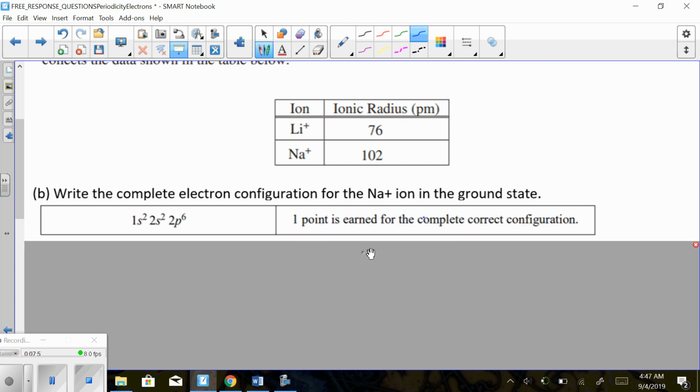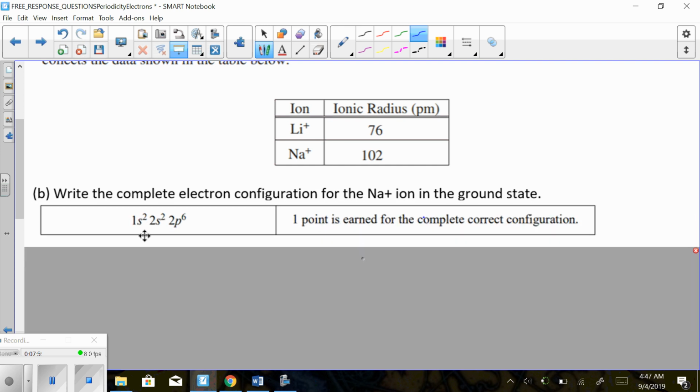And so we have 1s2, 2s2, 2p6. If you wrote the sodium atom, you might have written 3s1, but this is the electron that was removed when it formed a +1 ion.